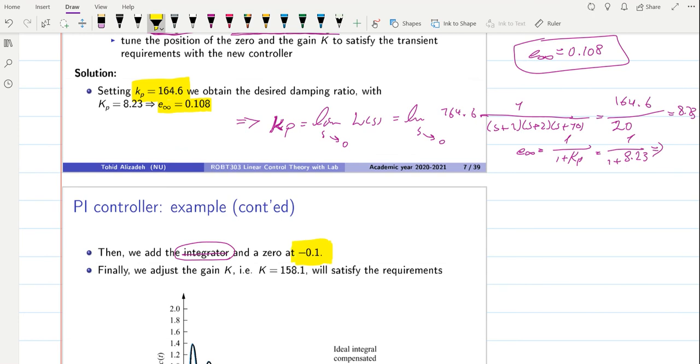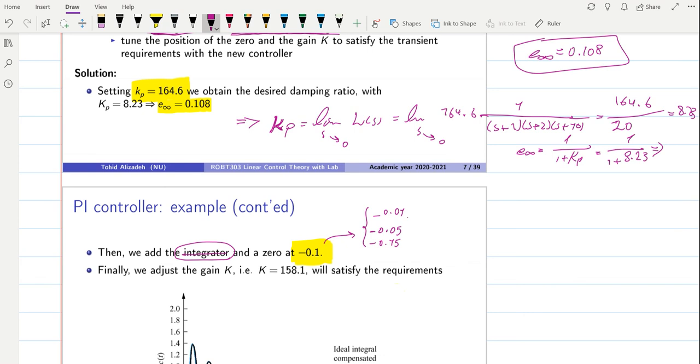For now, we just pick the value for the 0. You could probably place the 0 at minus 0.05 as well, or minus 0.15, or minus 0.01. So it's kind of arbitrary for this example especially.